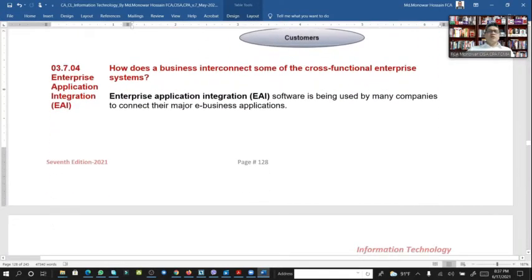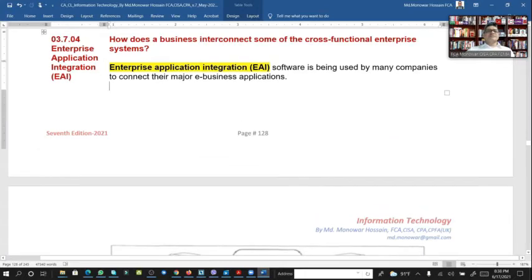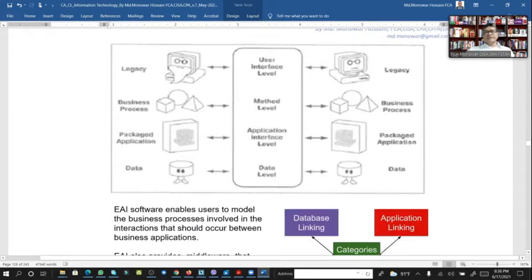So how does a business interconnect some of the cross-functional enterprise systems? Enterprise application integration, EAI software, is being used by many companies to connect major business applications.